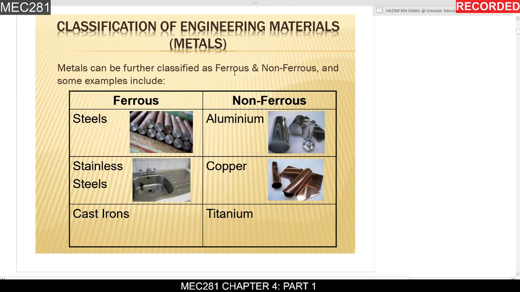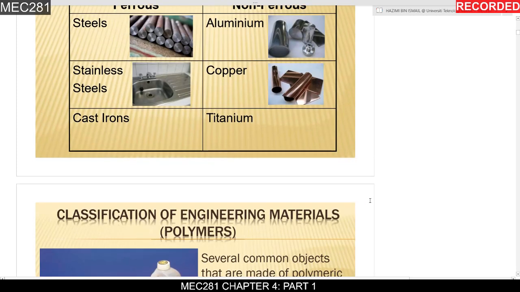Ferrous contains ferrum, and ferrum means iron. Non-ferrous is the material that does not contain the ferrum element, does not contain the iron element. So steel, stainless steel and cast irons are all ferrous metals, and aluminum, copper and titanium are non-ferrous metals.